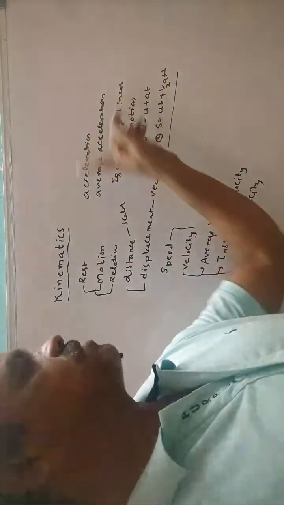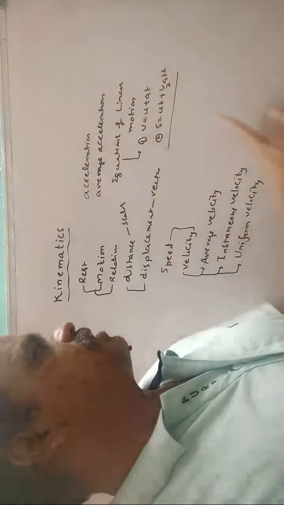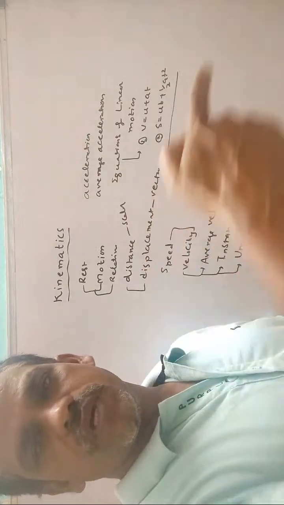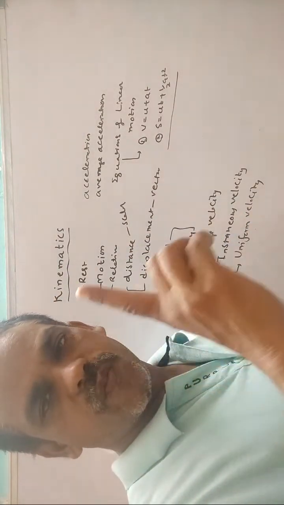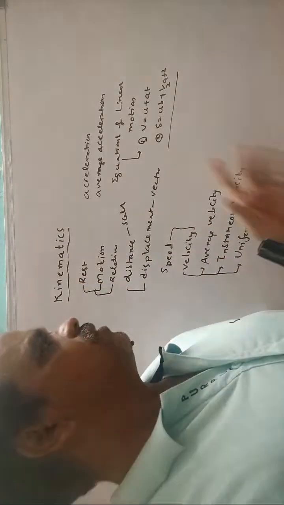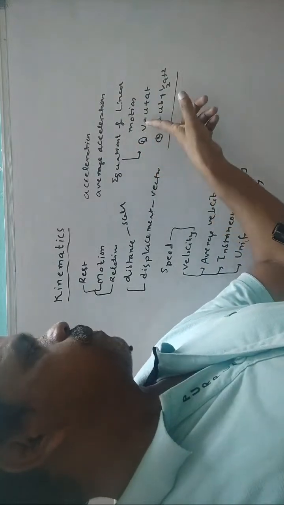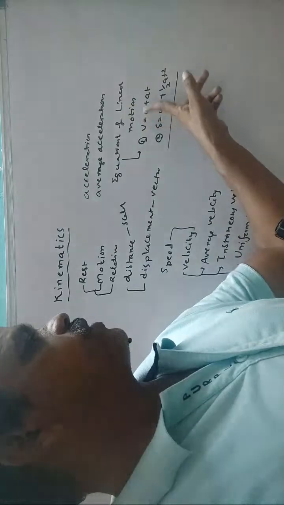Then average acceleration. So I discussed in the last class equations of linear motion. Linear motion means only 1D motion. Either it is going in x, y, or z direction; we have to take only one particular direction. These are the equations of linear motion. First equation: v equal to u plus at.